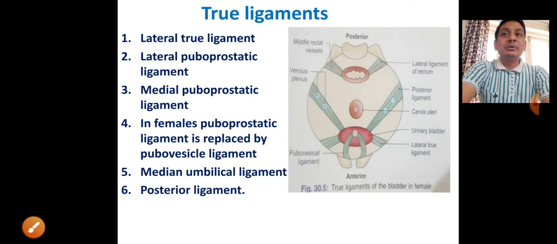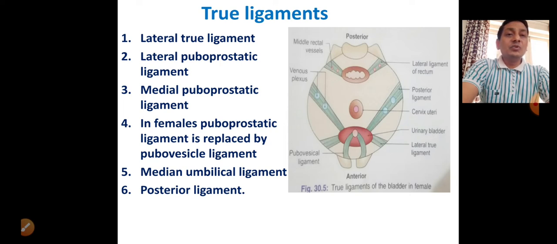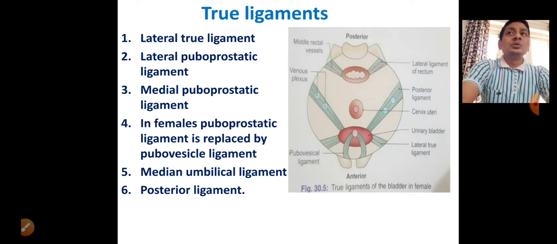Then ligaments. Any organ has true and false ligaments. A true ligament is actually a ligament for that organ, and a false ligament is a fold of peritoneum. Now the true ligaments of the urinary bladder. One is the lateral true ligament, which extends from the side of the bladder to the tendinous arch of the pelvic fascia.